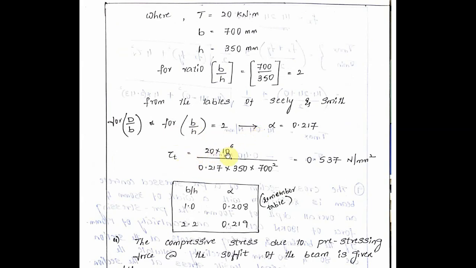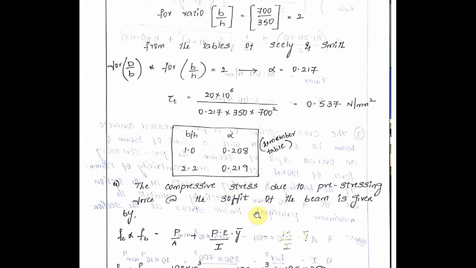Tau T equal to 20 into 10 raised to 6 divided by 0.217 into 350 into 700 square, that is 0.537 Newton per mm square. So for B by H of 2, alpha equal to 0.208, and for B by H 2.2, alpha equal to 0.219.